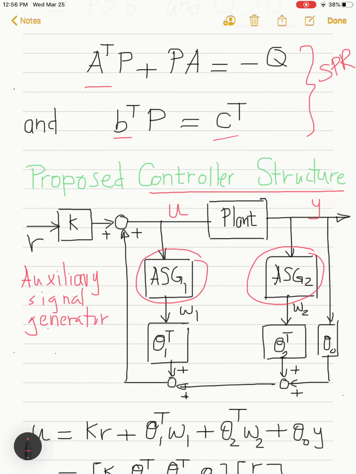The function of the auxiliary signal generator is to generate auxiliary states omega 1 and omega 2, where the dimension of omega 1 is equal to the dimension of omega 2 equals n minus 1, where n is the order of the plant.